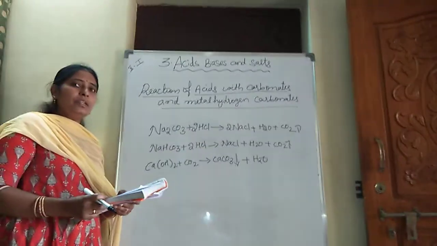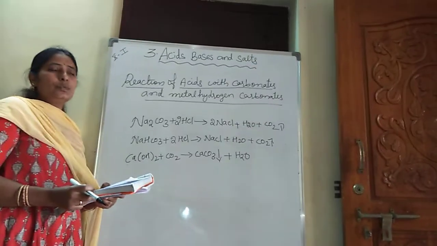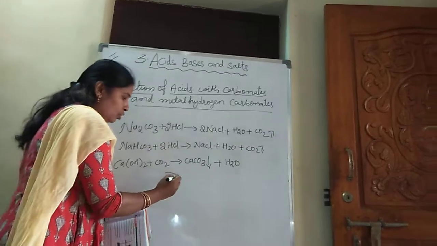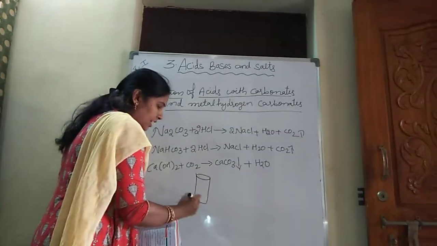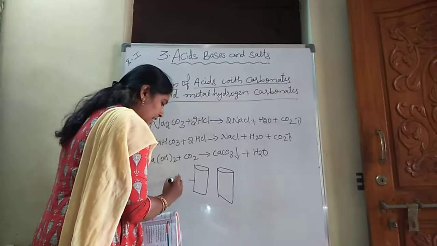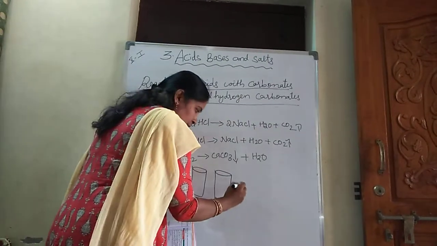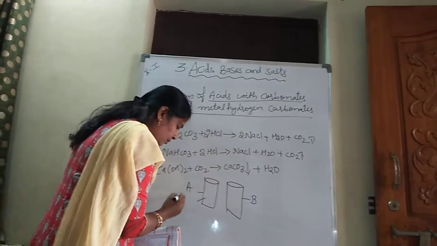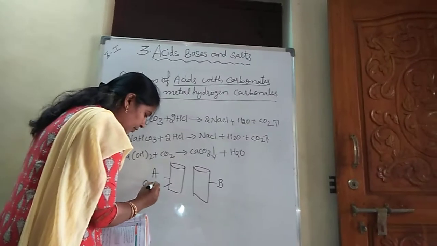So what is described in Activity 4 is asking us to take two test tubes. I will draw a rough diagram on the blackboard.